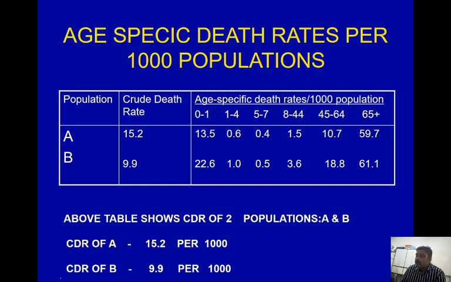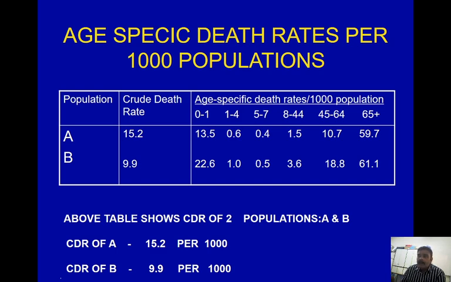But when you look at this difference, what do you find? You see that there are a lot of people dying at 65 plus and less than 1 year in population B. However, the crude death rate is only 9.9. Why does this happen? Because if you just look at the crude death rate without looking at age-specific death rates, you would say population B is faring better, because it has only 9.9 per thousand deaths.